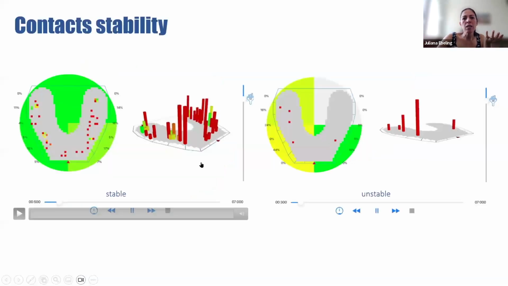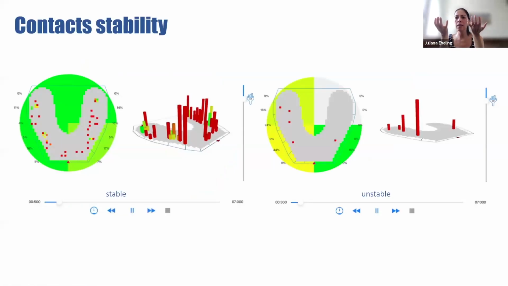Another point is that if we have a stable or unstable maximal intercuspation, it's not uncommon to receive patients who tell us, oh, I have one or two bites, different bites. When the patient tells you this, it's an unstable occlusion.